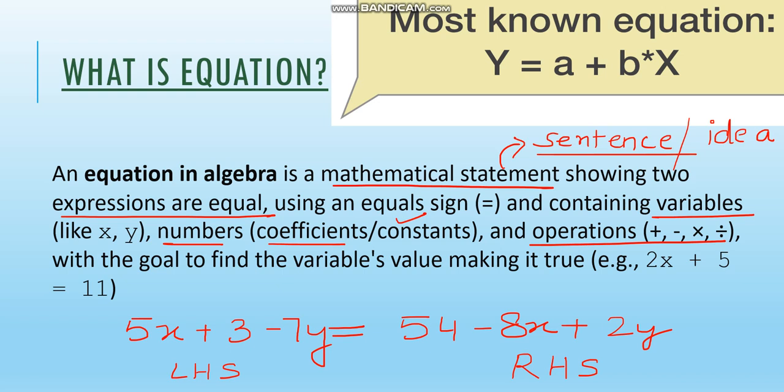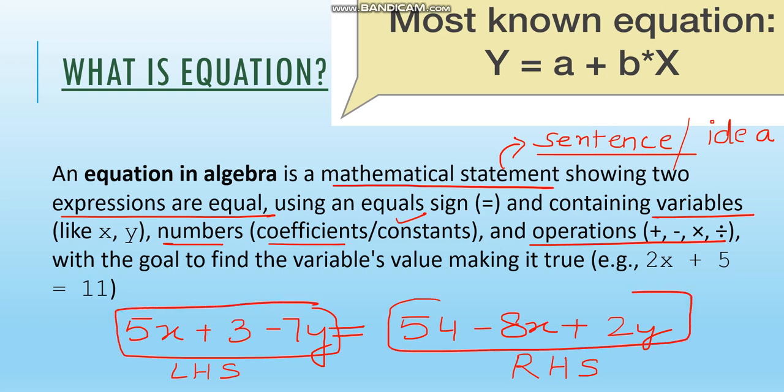So this is an equation where the most important sign is the equal sign. If you just talk about the left hand side, it is an expression. If you talk about the right hand side, this is also an expression. So both the expressions are separated by an equal sign.